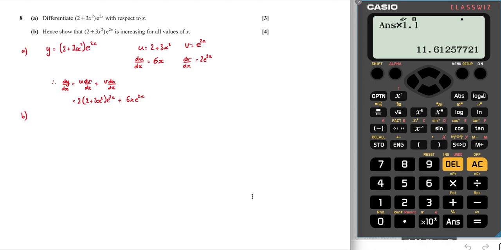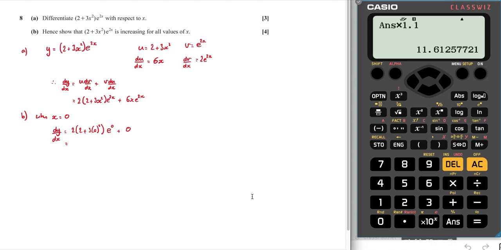So let's find a really easy place. When x equals 0, dy by dx is 2 lots of 2 plus 3 times 0 squared, e to the 0, plus, well, that's just going to be 0. What else we got?